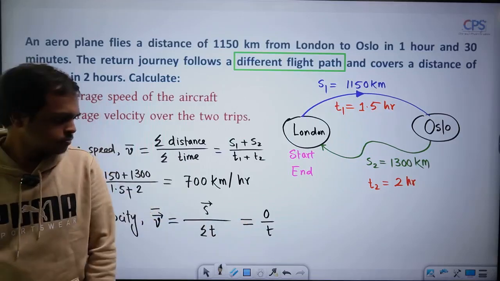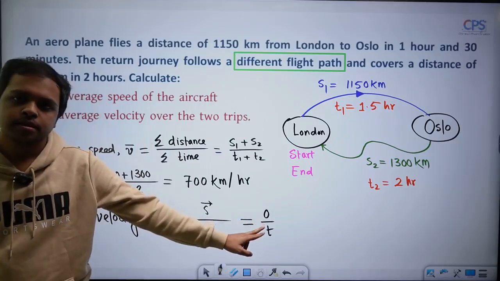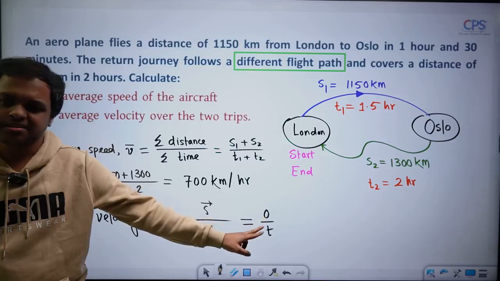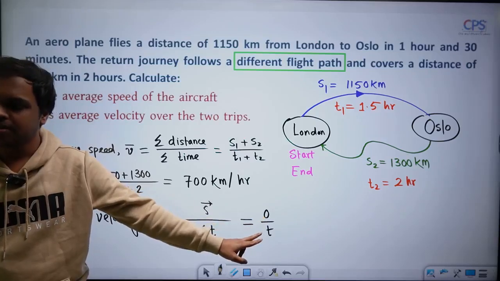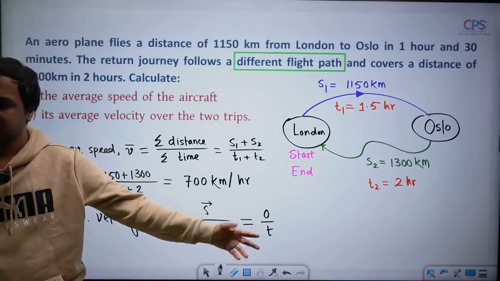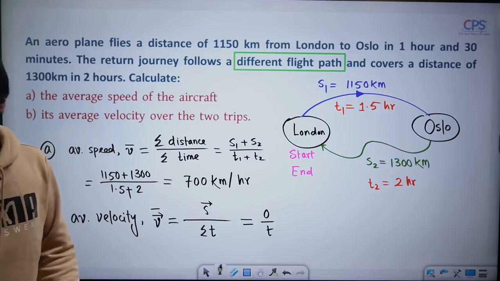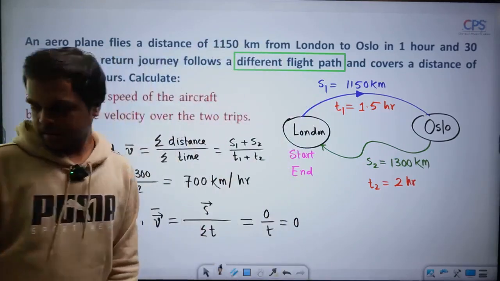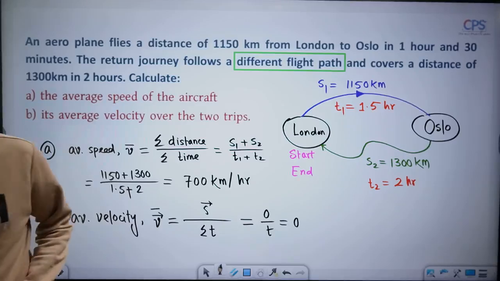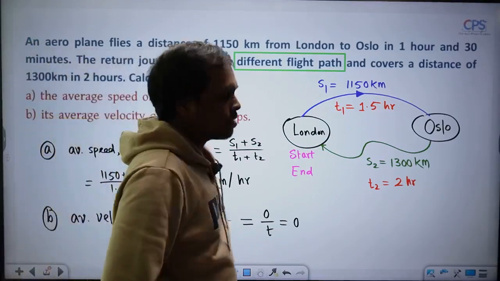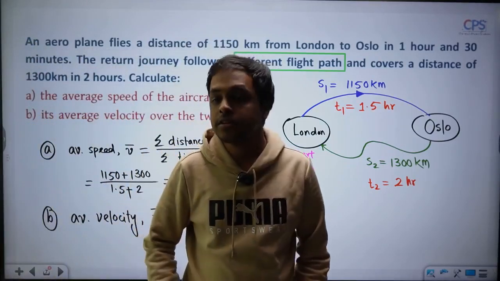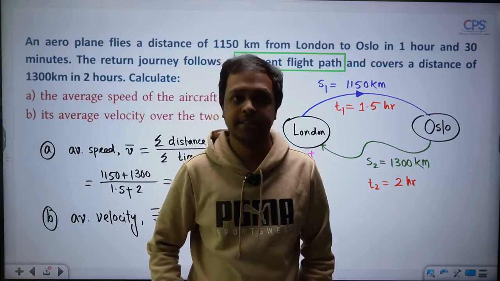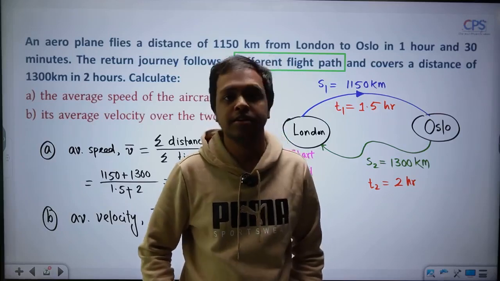Now, if 0 is divided by something, it produces a 0. So the average velocity is 0. Whatever the flight is doing, its average velocity is 0, though it has average speed, because speed is not a vector.